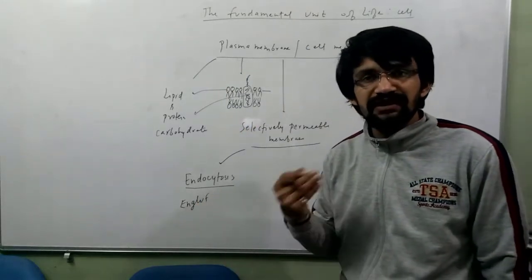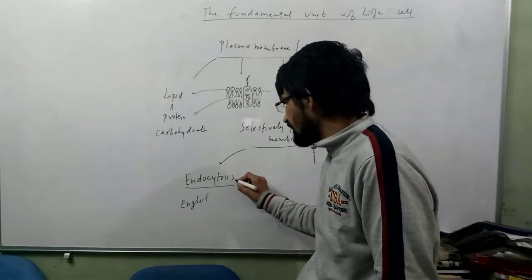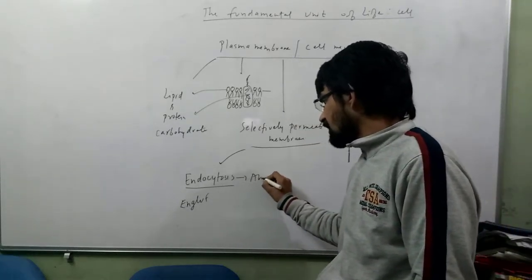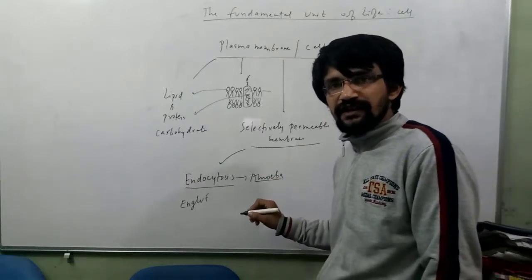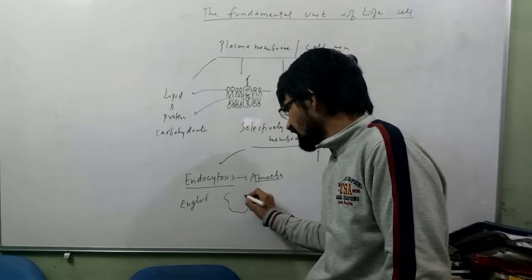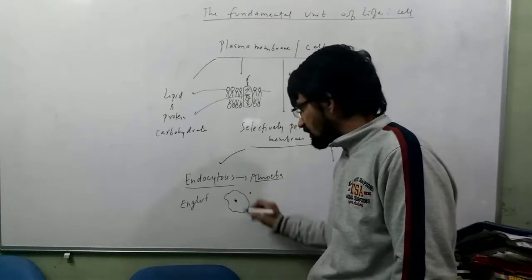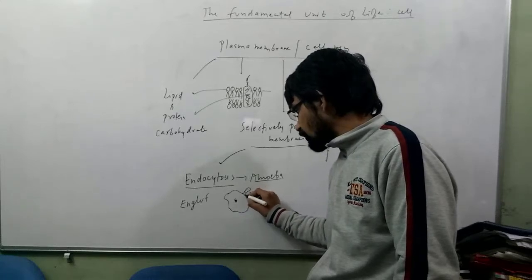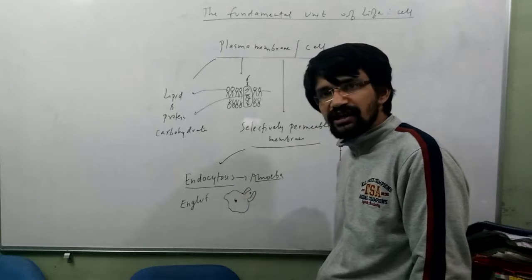Do you remember the case of amoeba in the lower classes? Amoeba is a unicellular organism which does not have a specific shape. Suppose this is your food particle, it will try to make pseudopodia over here like this.